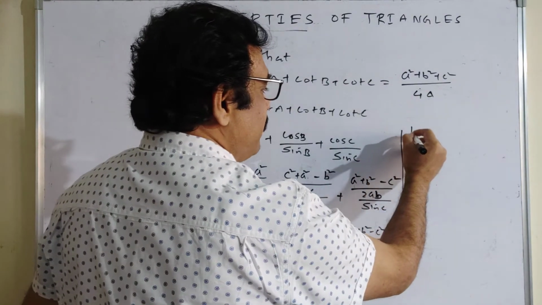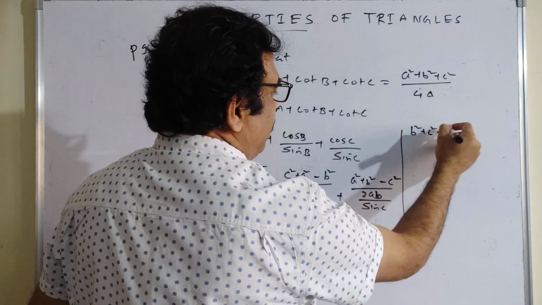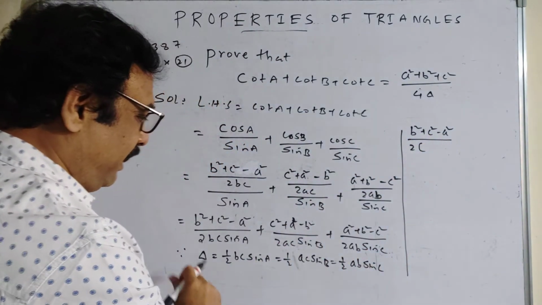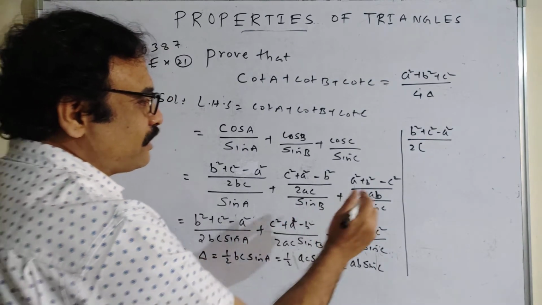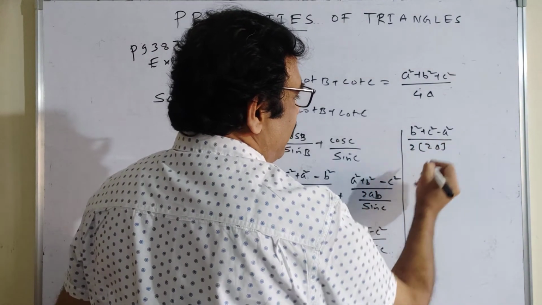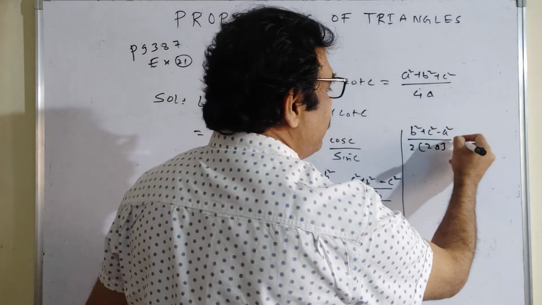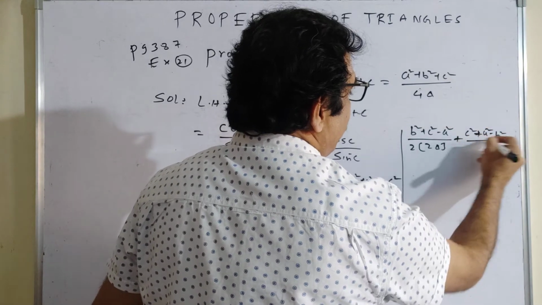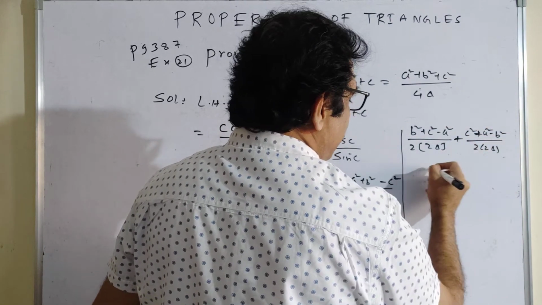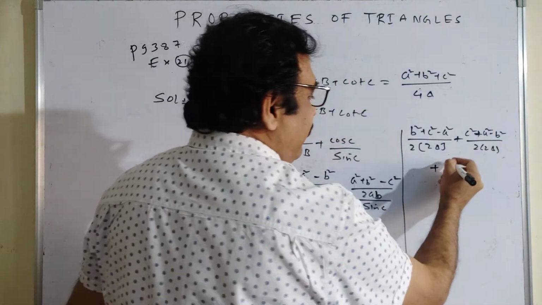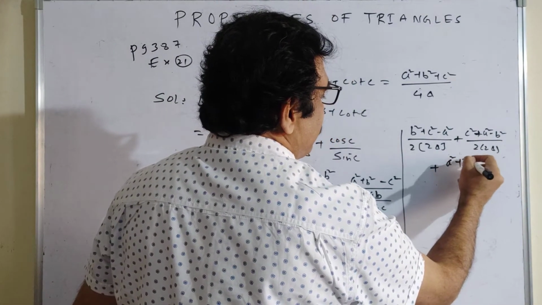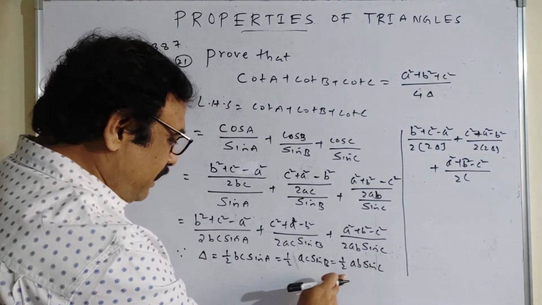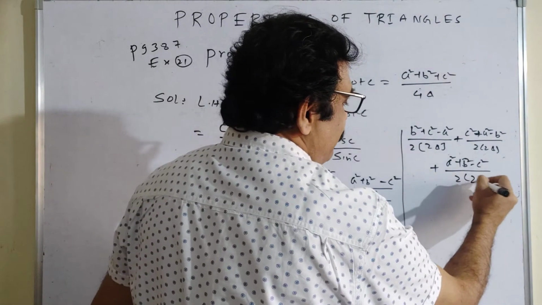Now I'll be writing in this way on the right hand side. This is b square plus c square minus a square by 2 into bc sin A, which is equal to, upon the cross multiplication, 2 delta, and here you are going to write c square plus a square minus b square by 2 into 2 delta, and a square plus b square minus c square by 2 into ab sin C. Upon cross multiplication you are getting 2 delta.